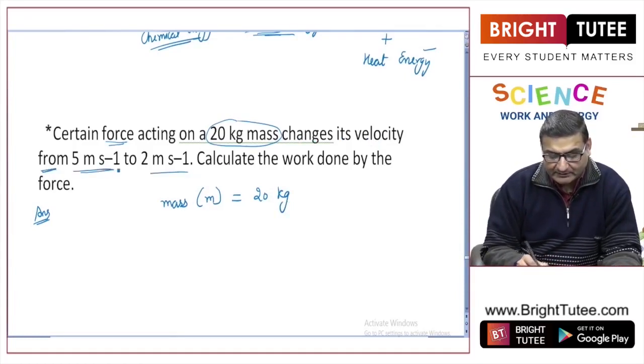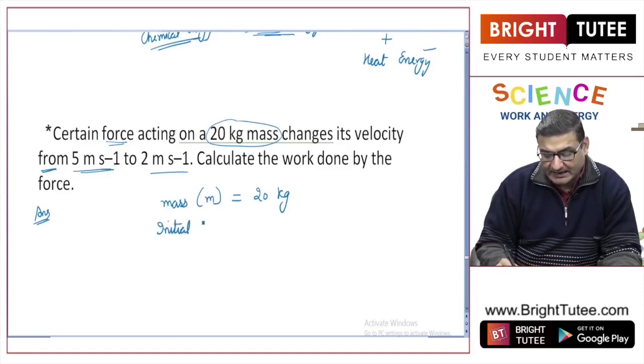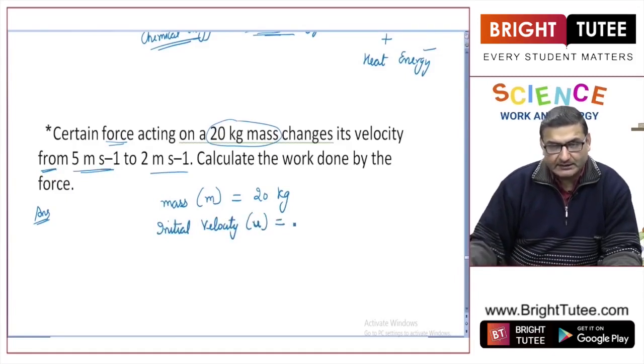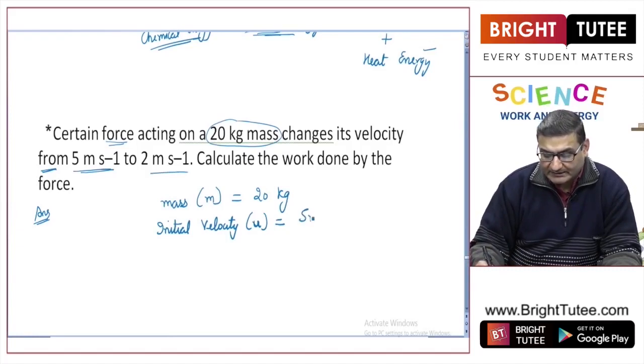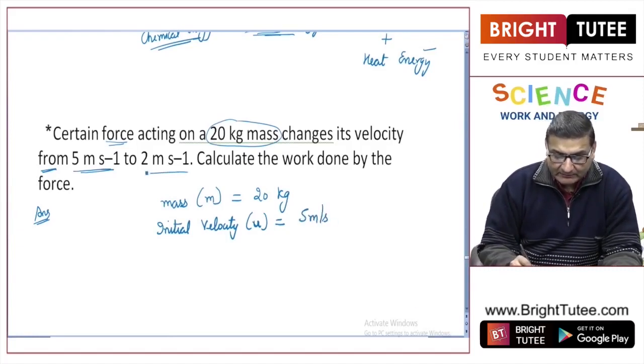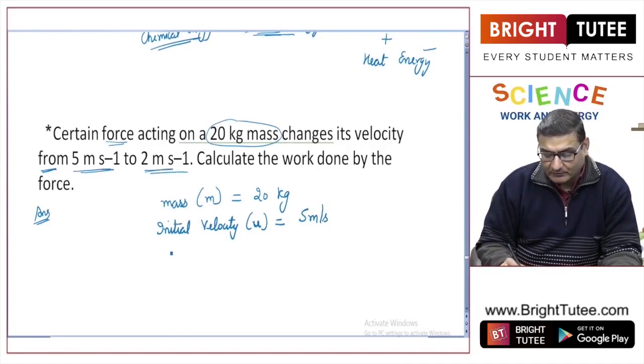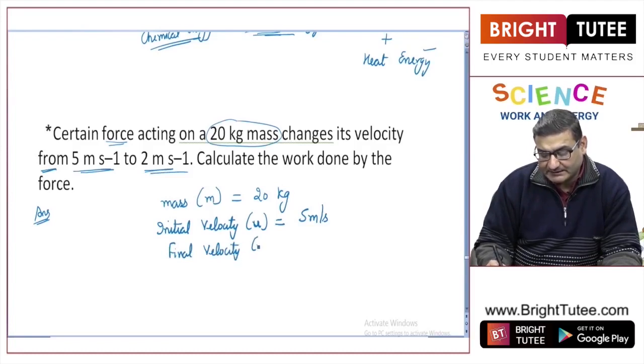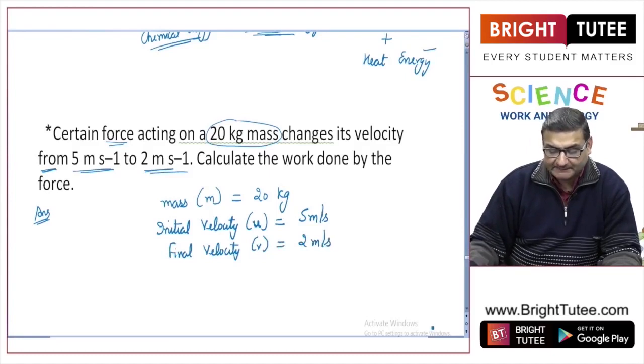Initially the object was moving at a speed of 5 meter per second, which is taken to be its initial velocity, represented by small u. The velocity is getting changed from 5 to 2, so the final velocity, represented by small v, is 2 meter per second.